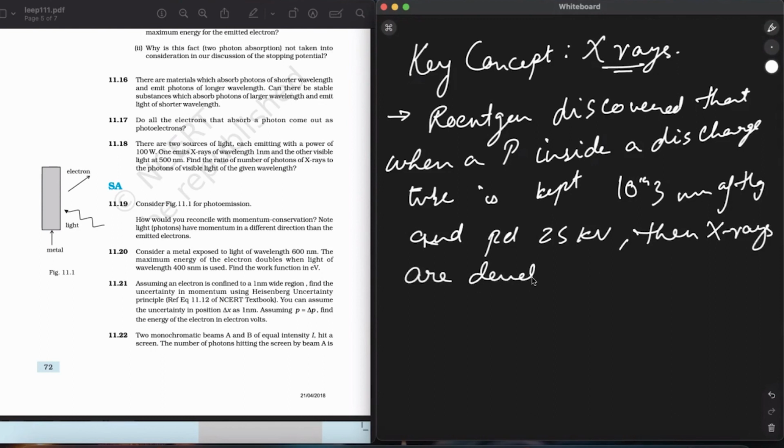So this is the concept number one. You have to note down these values, all right? Important. So this is the concept one.